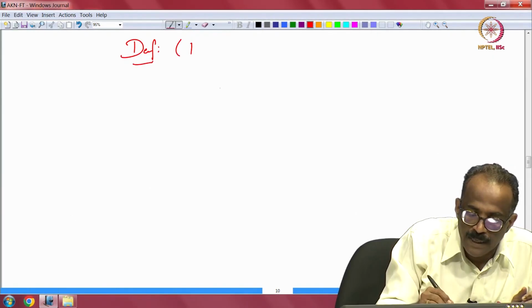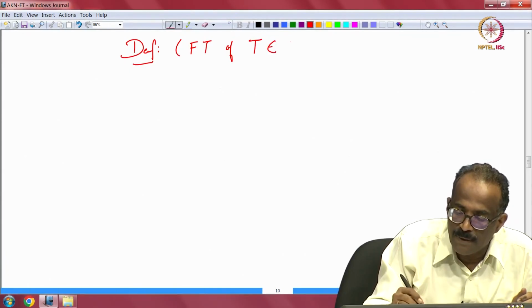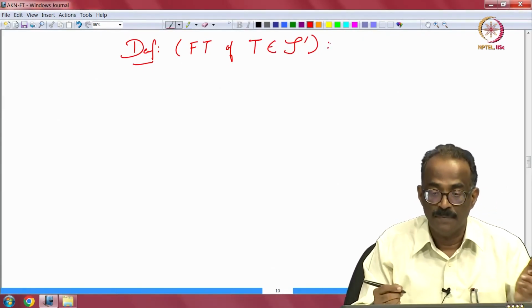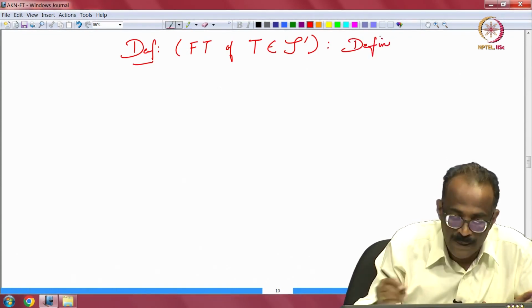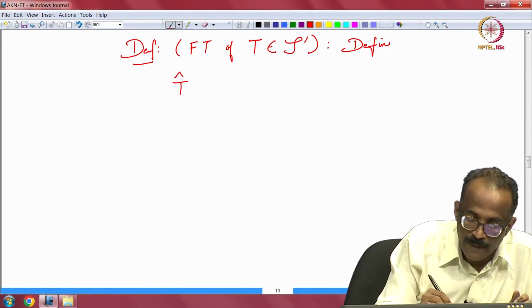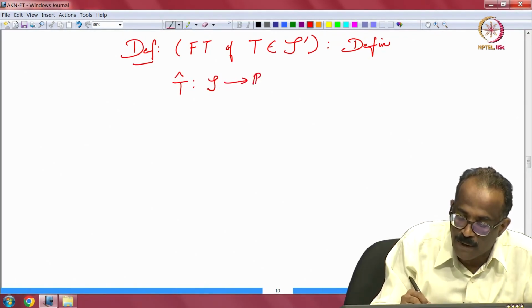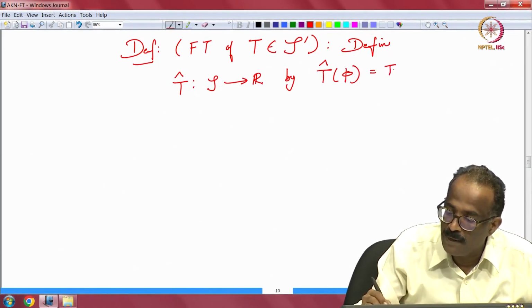The Fourier transform of a tempered distribution T in the Schwartz dual space: the definition is that T hat, from the Schwartz space to R, is given by T hat of phi equals T of phi hat. The definition is well defined.